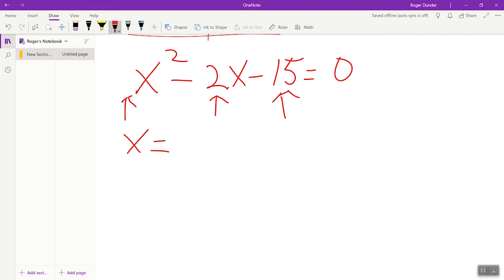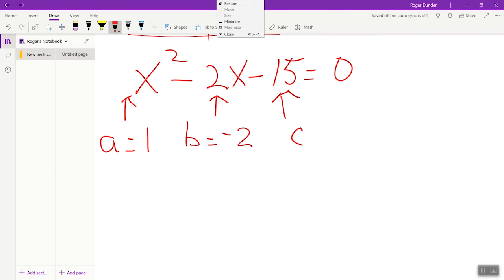So let's initially identify a equals 1, b equals negative 2, c equals negative 15. Okay?